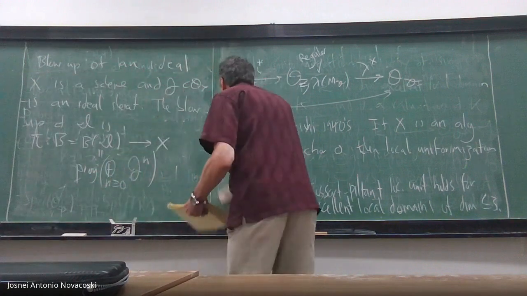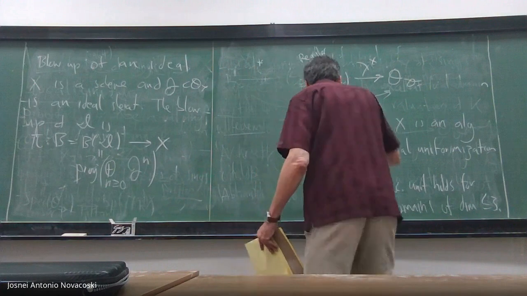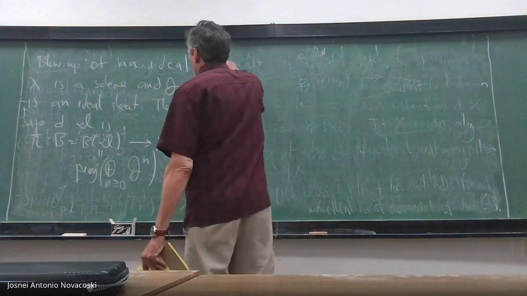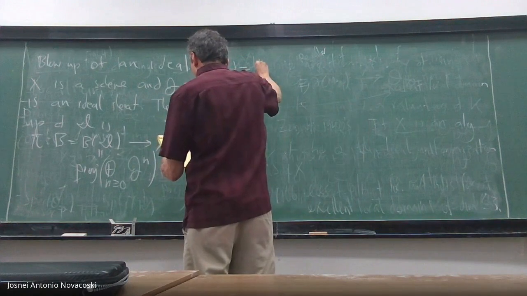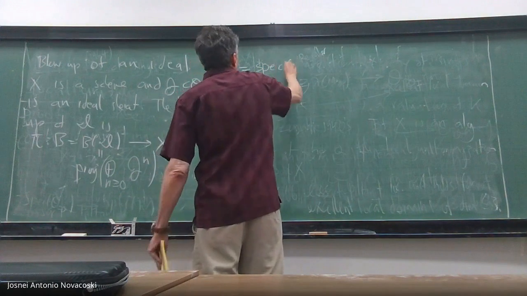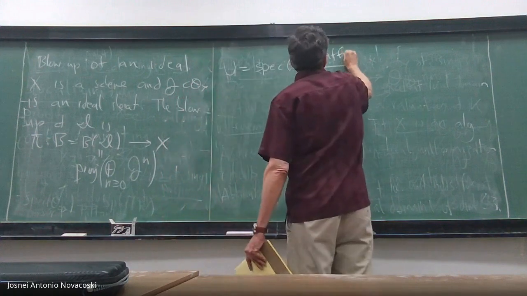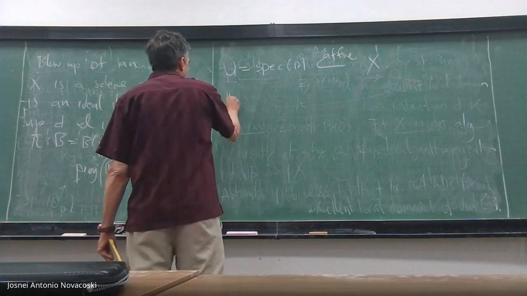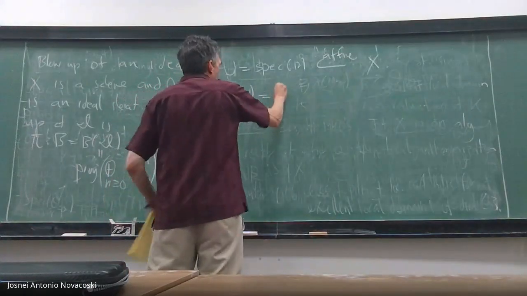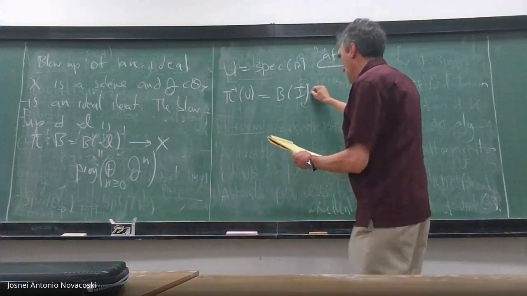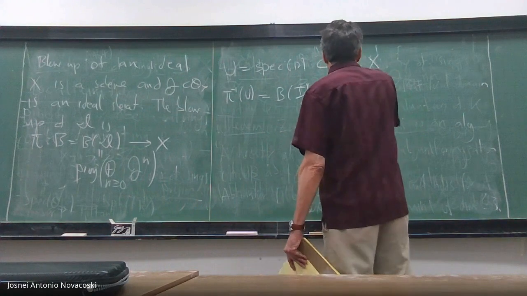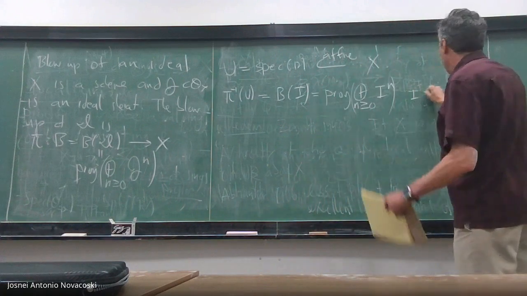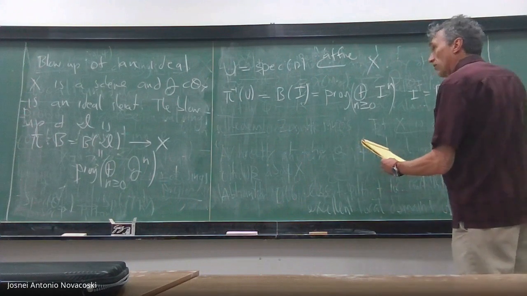So in fact, if you take an affine open subset U equal to Spec of R, an affine open subset of X, and we restrict to this, then π inverse of U is just going to be equal to the blow up of an ideal I, which is equal to the Proj of the direct sum over n greater than or equal to 0 of I^n, where I is the ideal, the language the geometers use being this one.